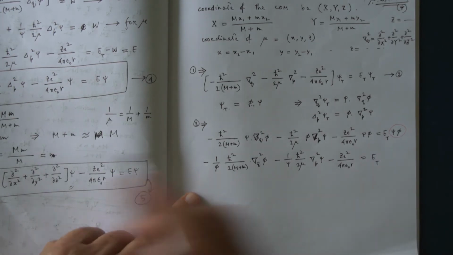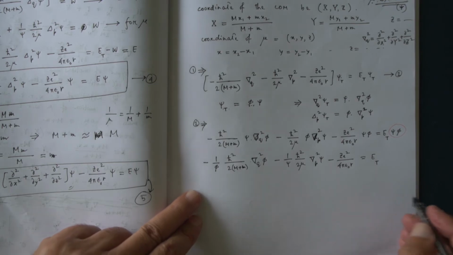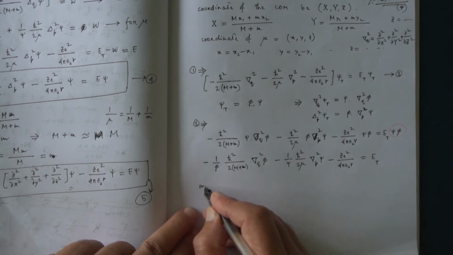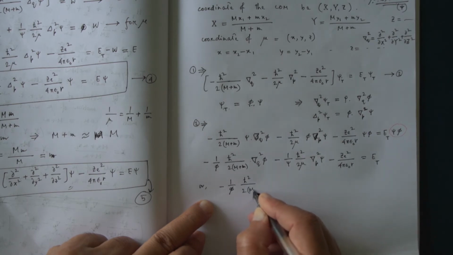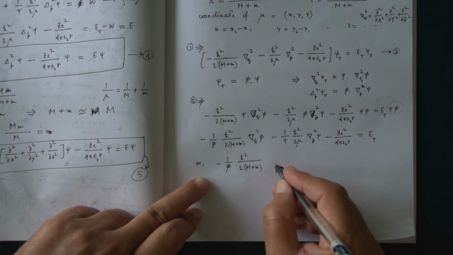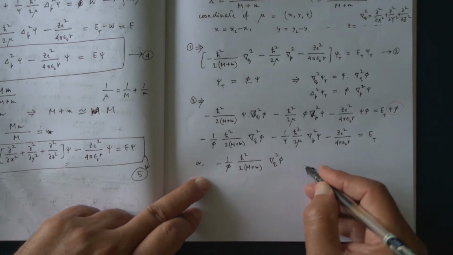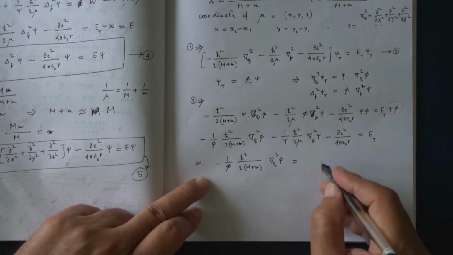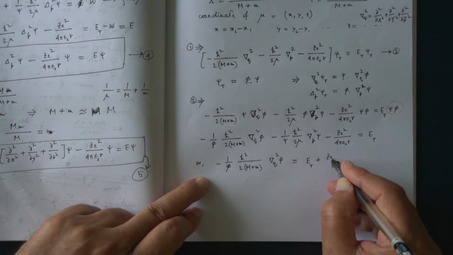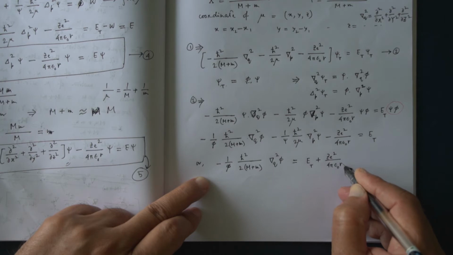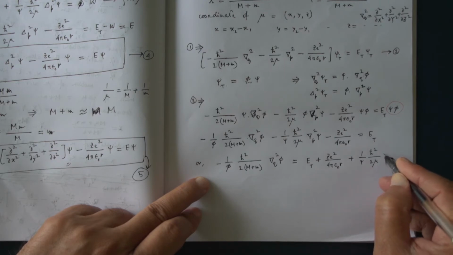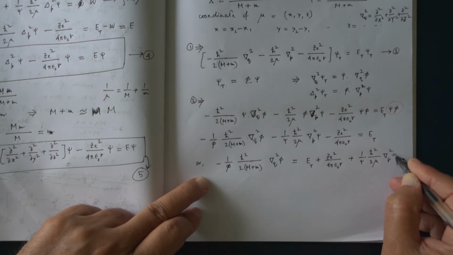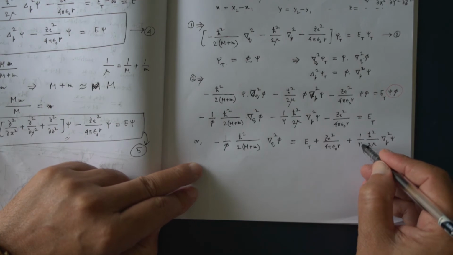We get this, or we can write it like this: minus 1 by phi h bar square by 2m plus m del q square phi is equal to et plus z e square by 4 pi epsilon naught r plus 1 by psi h bar square by 2 mu del p square psi.